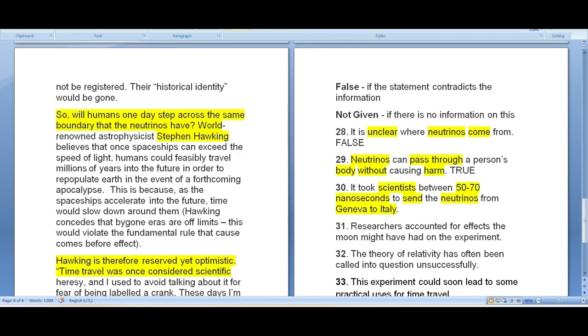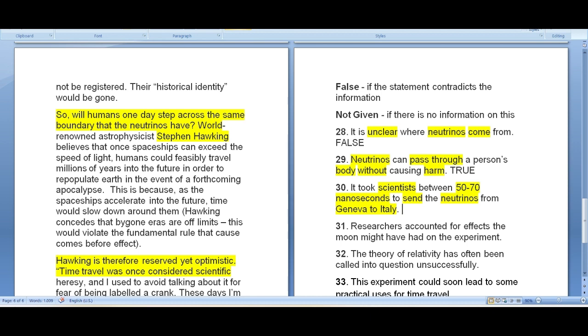What do you think? It took scientists between 50 to 70 nanoseconds to send the neutrinos from Geneva to Italy. Did it? Do we know that information from the text? All we know is the places, that it took scientists some time for these kilometers to send the neutrinos, but we don't know the time.